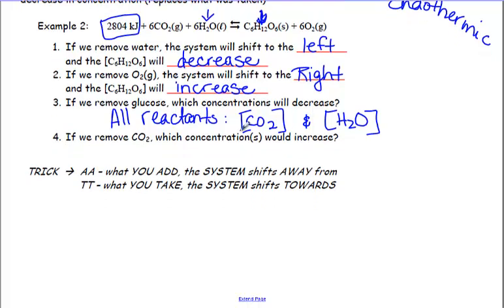It's just a measurement. Okay, and if we remove CO2, which concentrations would increase? So if I remove this, remember the shift is going to be toward that side, and then all of the reactants would then increase and everything over here would decrease. So the concentrations of, again, the reactants would increase.